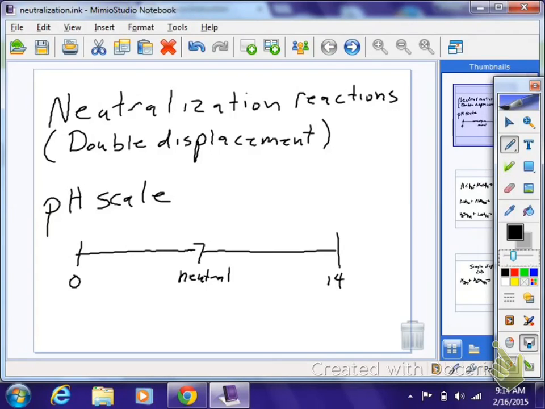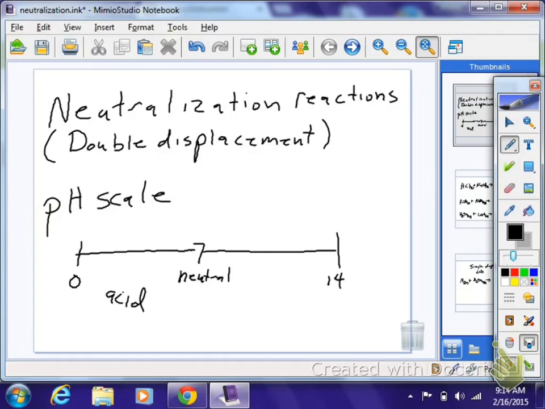So it ranges from 0 to 7, and 0 to 7 is what we call an acid. Now, down here, it's strong. You guys won't have to know that right now.